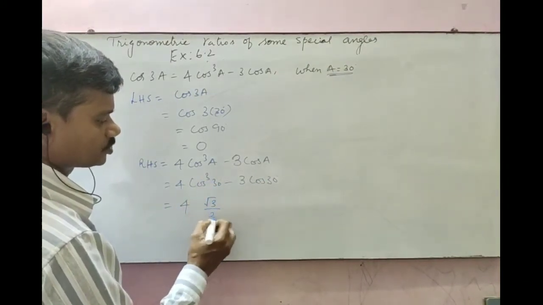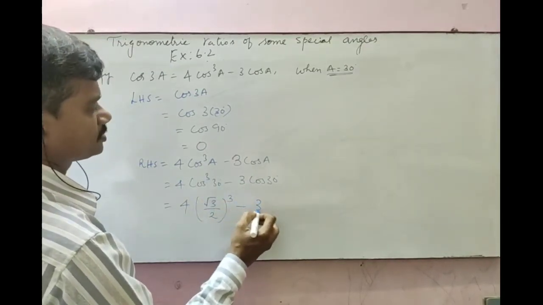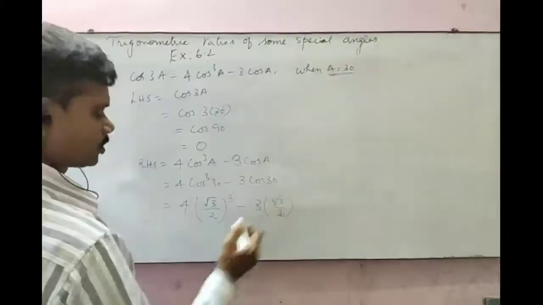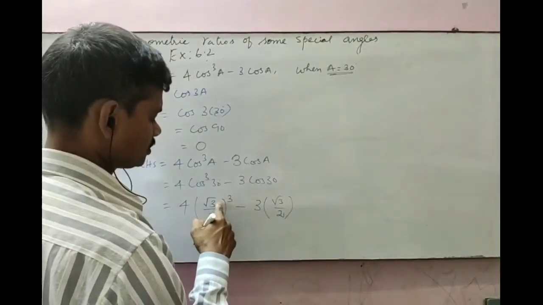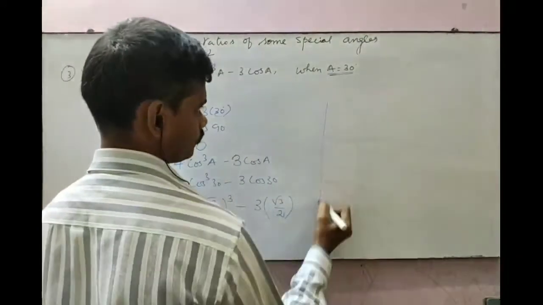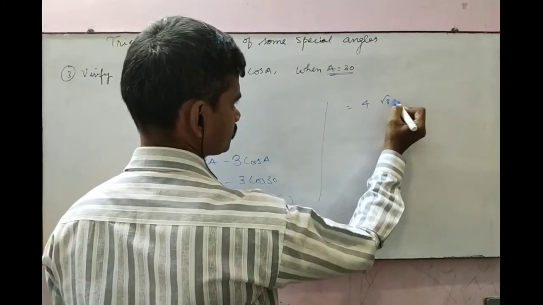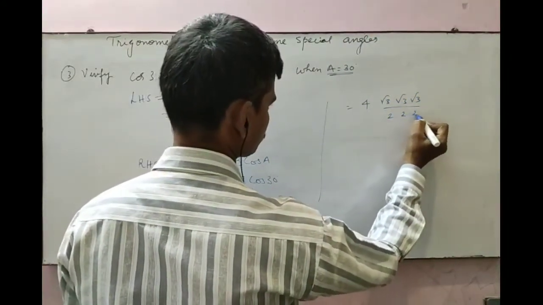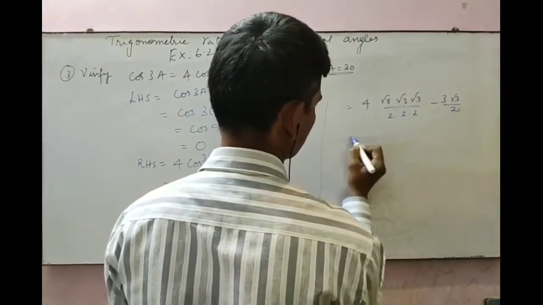Root 3 by 2 whole cube minus 3 times root 3 by 2. Now I am going to simplify this. 4 into root 3 whole cube is root 3 into root 3 into root 3 by 2 into 2 into 2, minus 3 root 3 by 2.